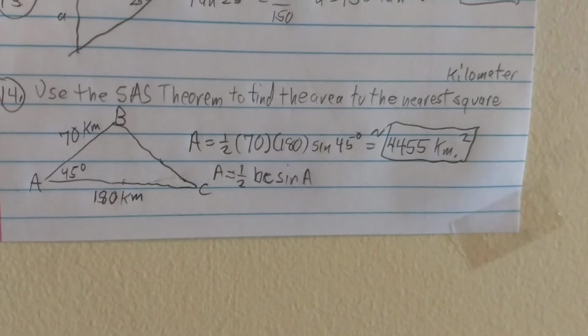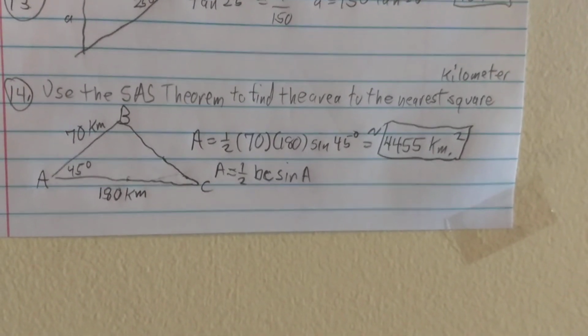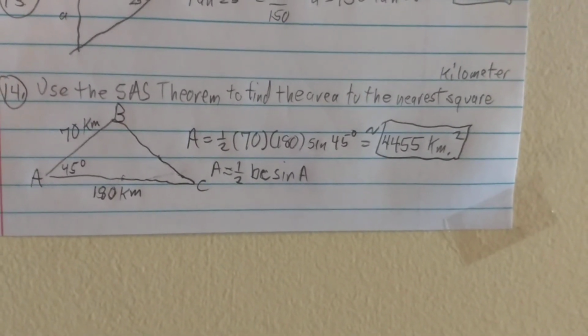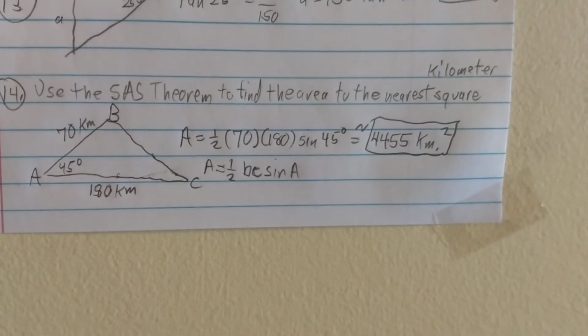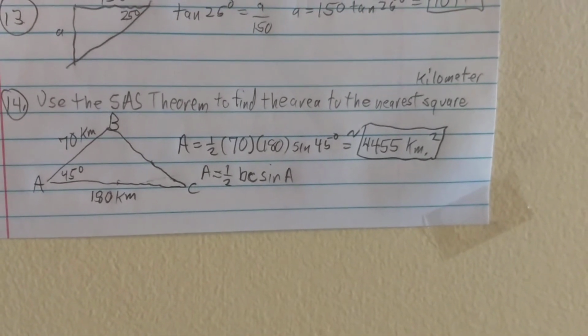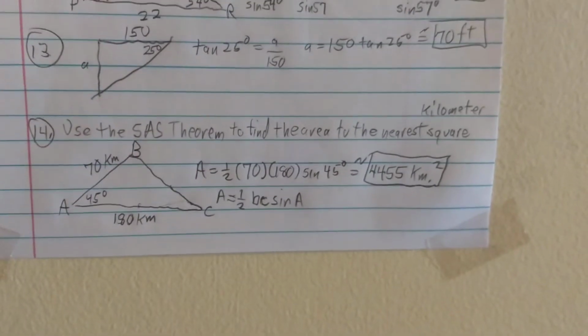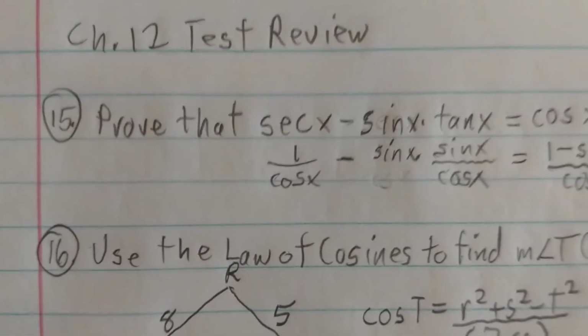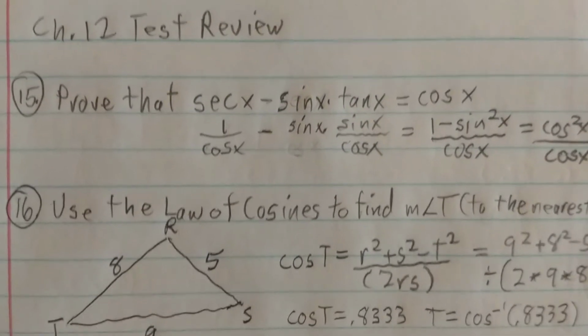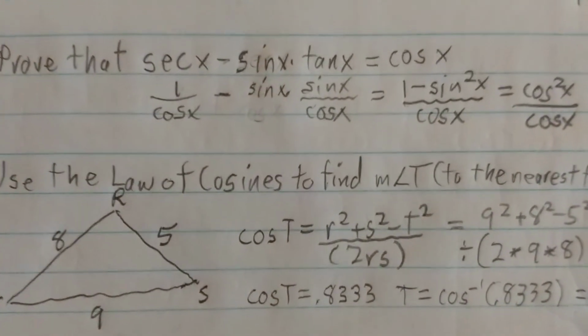So it's 1/2 bc sine A, which gives us 1/2 times 70 times 180 times sine 45, which to the nearest whole number is 4455 kilometers squared.